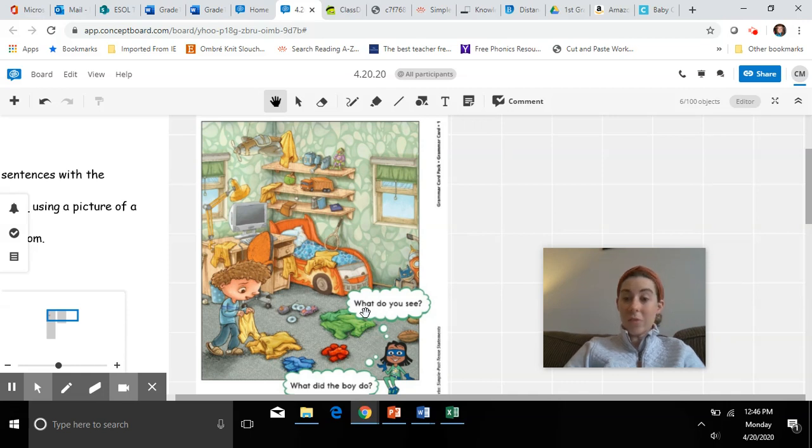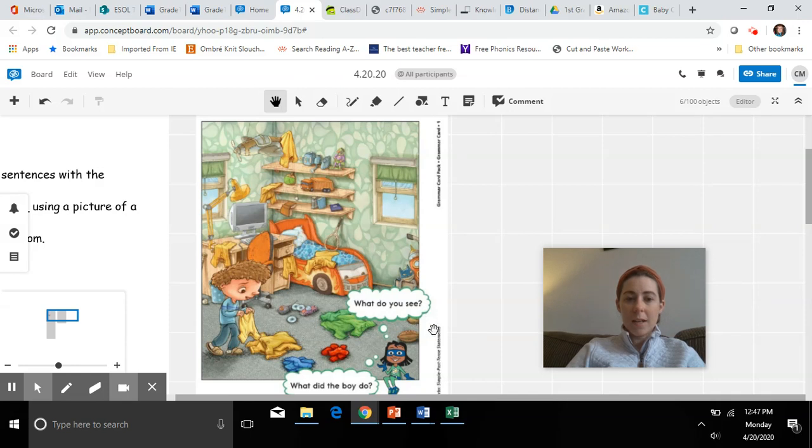So look at this question. First, let's think about, what do you see in the picture? What do you notice? Okay, let me do some examples. I notice the boy's clothes are on the floor. Okay. I notice that the boy has toys on the floor as well. What do you notice? Maybe you can make a sentence saying, I notice blank. What do you notice that's messy in his room?